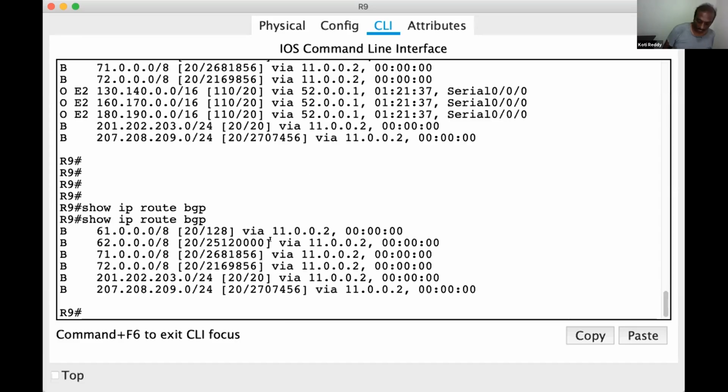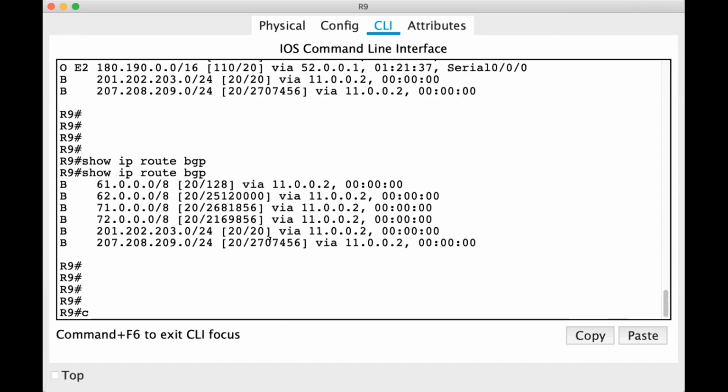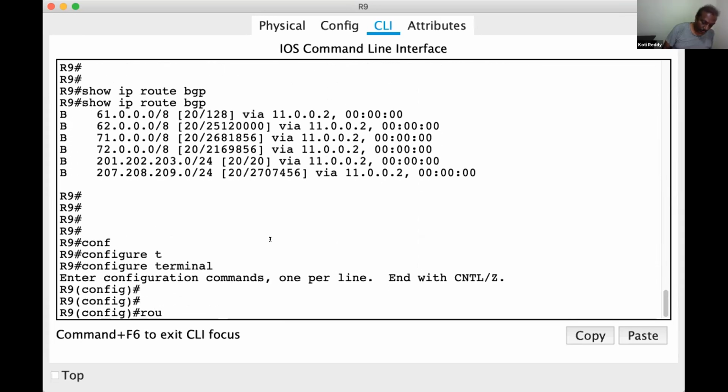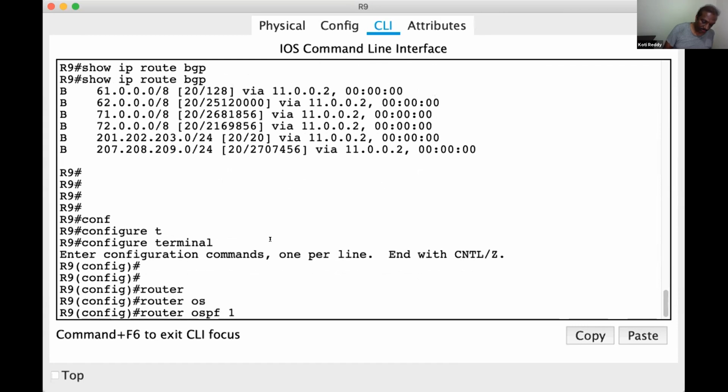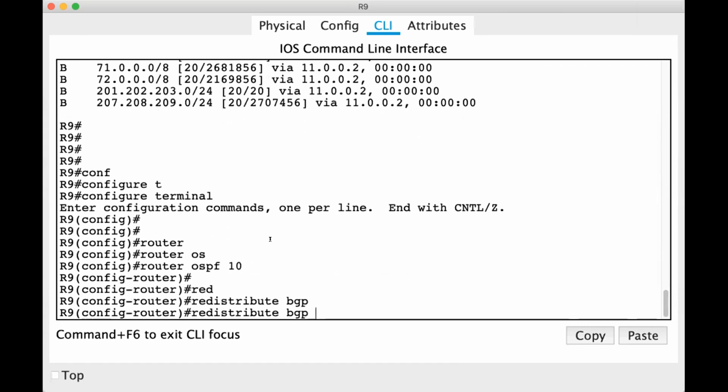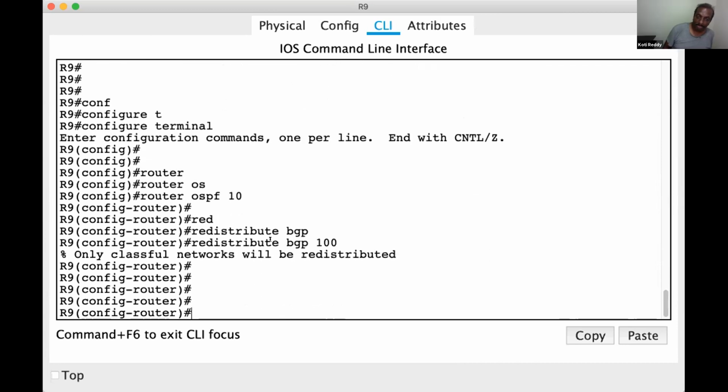I say configure terminal, router ospf 10, redistribute bgp 100 routes into OSPF. I say it. So I'm sending from BGP into what? OSPF. Asking OSPF to redistribute the BGP 100 routes.